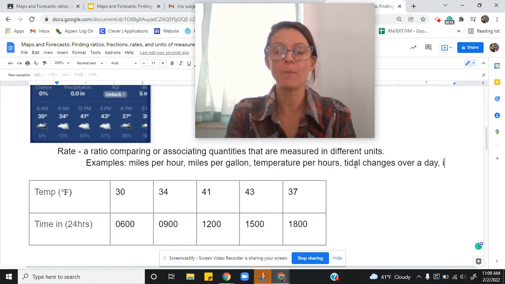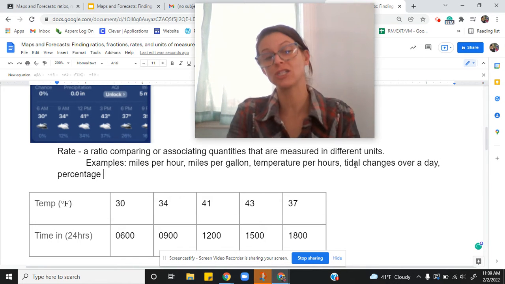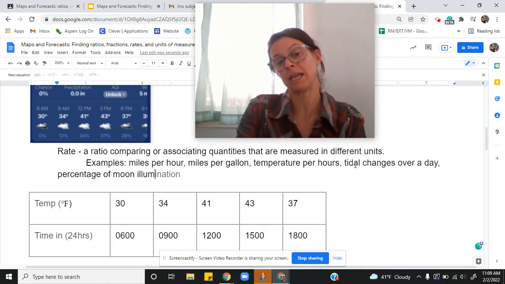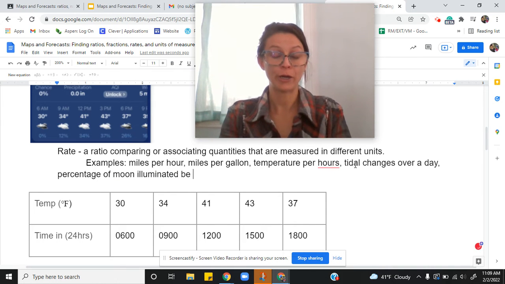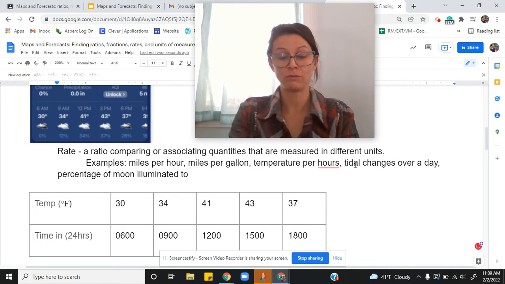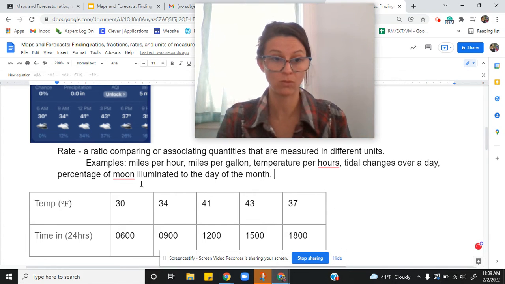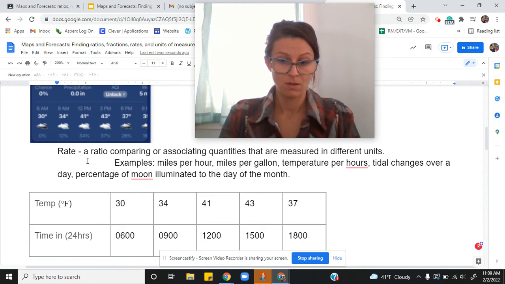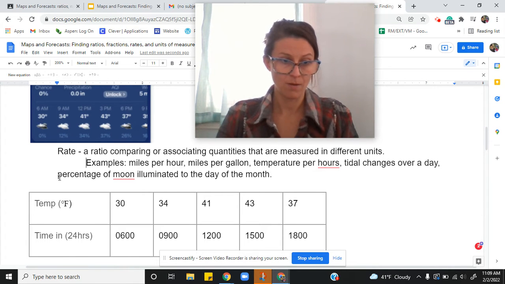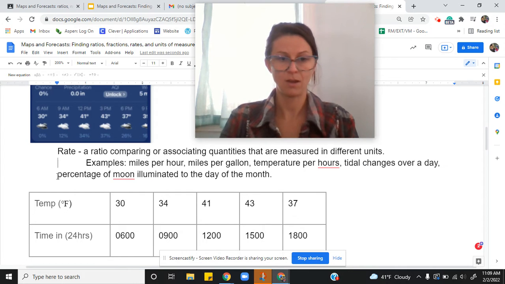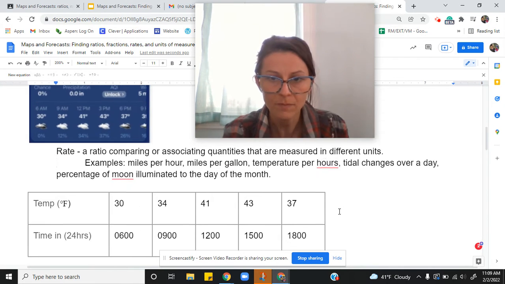I love that. A percentage of moon illuminated per day of the month, because we know that the moon phases cycle through a month.